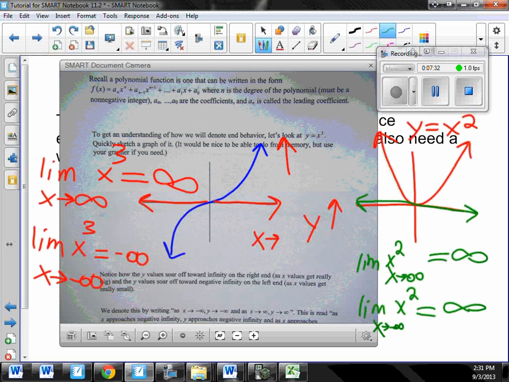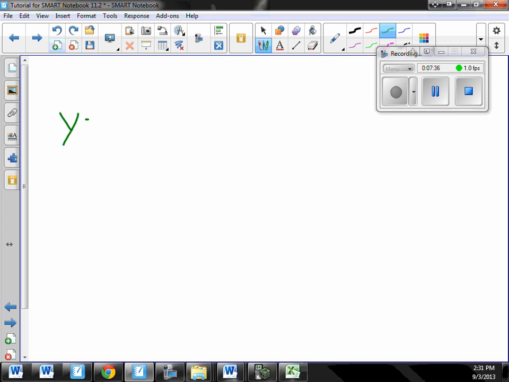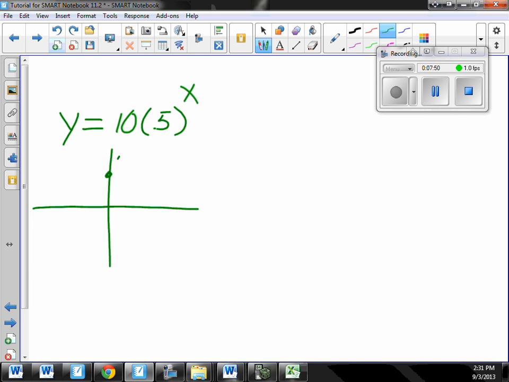Now, don't draw this one. Do you remember last year when we did y equals, let's say, 10 times 0.5 to the x? What did that graph look like? It started at, say, $10, and it was dropping. And did it ever actually reach 0?